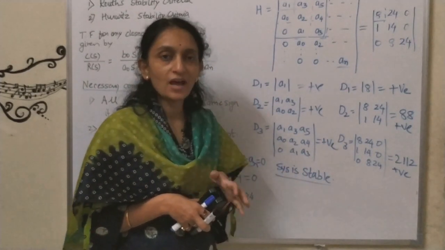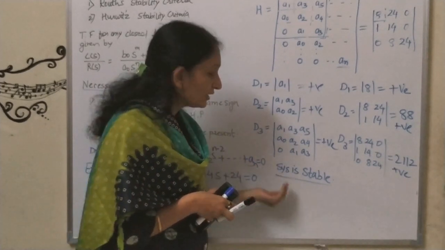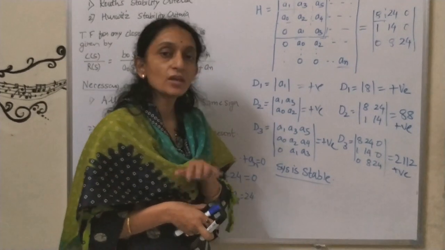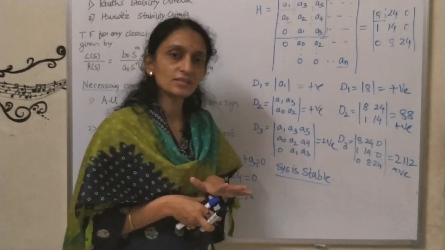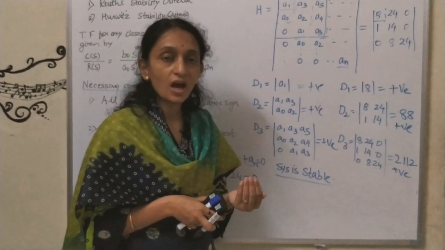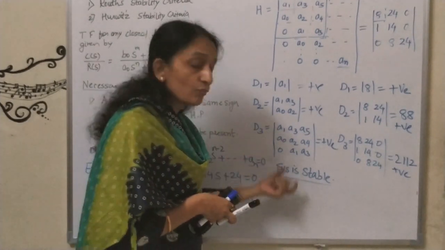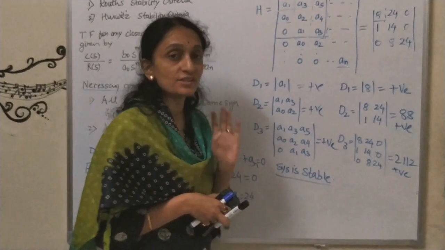But suppose I ask you the question, how many roots are located on the right hand side of the system? If you are commenting that the system is unstable, then you must know how many roots are on the right hand side. But that we cannot calculate with the help of Hurwitz criteria.